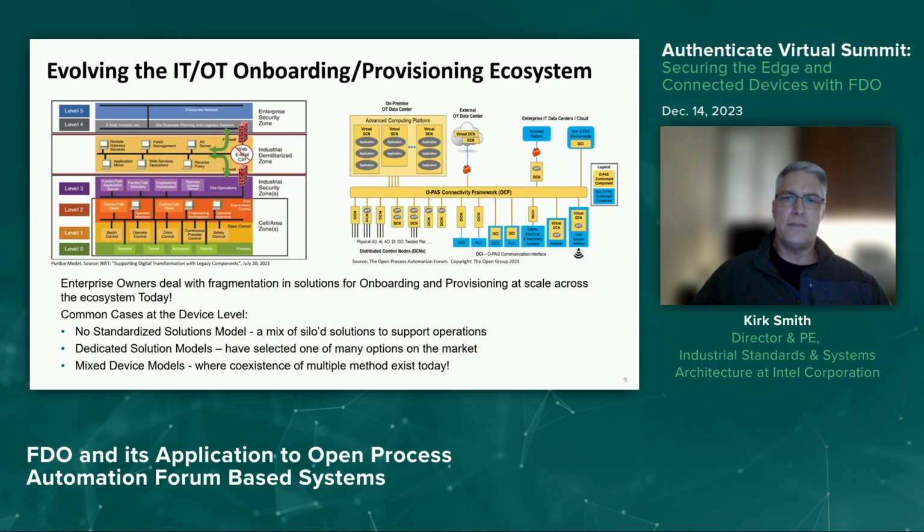And you may have some places where they have a dedicated solution model. Maybe they picked one. And then we think there's a third class of devices where you have a mixed device model, where the coexistence of multiple methods would need to exist. So I think as this matures across anyone's business, they'll have to deal with this fragmentation and disparity for the next several years.